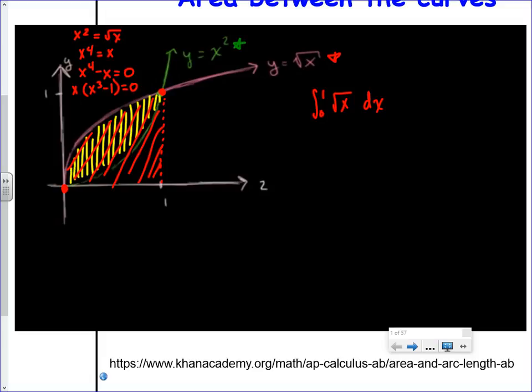Well, that one actually matches. Okay, so area of x squared. What am I going to use as my bounds again? 0 to 1. And what area is that going to find? What happens if I take the red minus the green? I get the yellow. I get the in-between area. So how do I finish off my formula? I subtract the integral of x squared from the integral of square root of x.